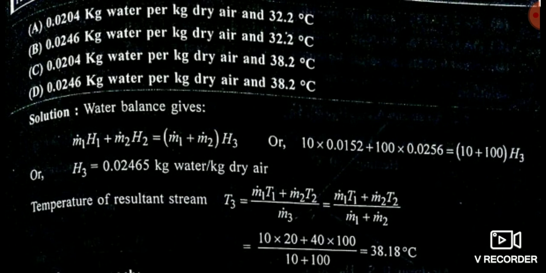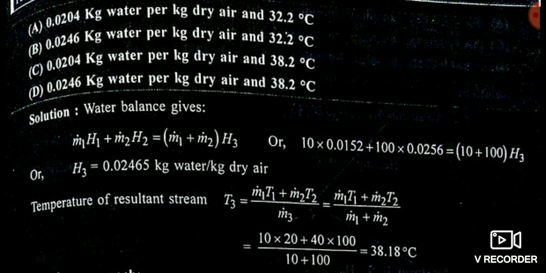These three things we have to remember. Whenever we see a mixing question, we have to remember three things and apply all three easily. Whatever values they are asking, you should carefully put all the values. Initial is equal to final. So M1 H1 plus M2 H2 is equal to M1 plus M2 into H3.